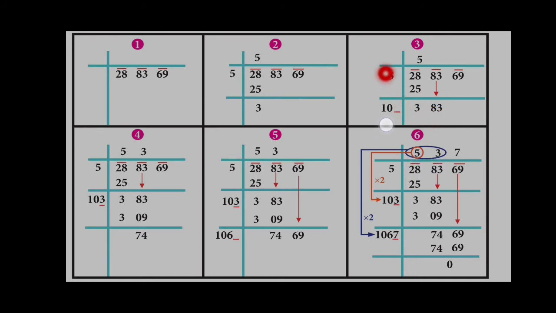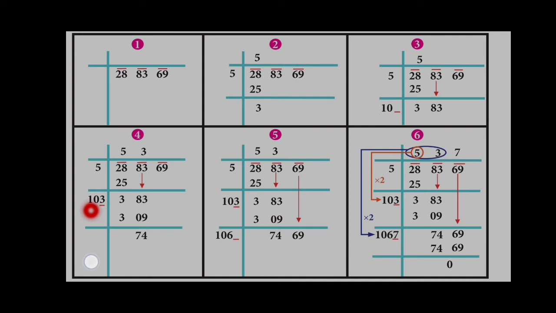So what is the next step? 5 fives are 25 we have written. So the quotient, always we have to multiply with 2. So 5 into 2 will get 10. Understand? So 10, the next number we don't know, so we should check with the numbers. 383 is there.